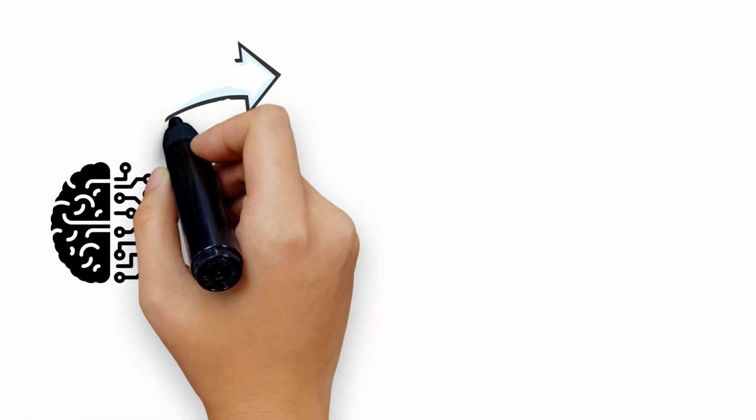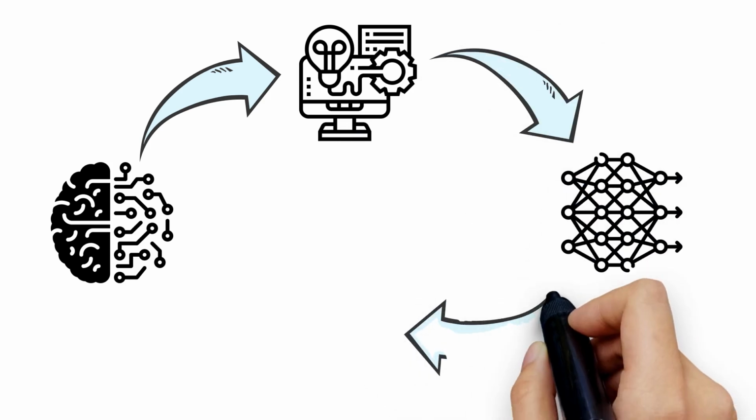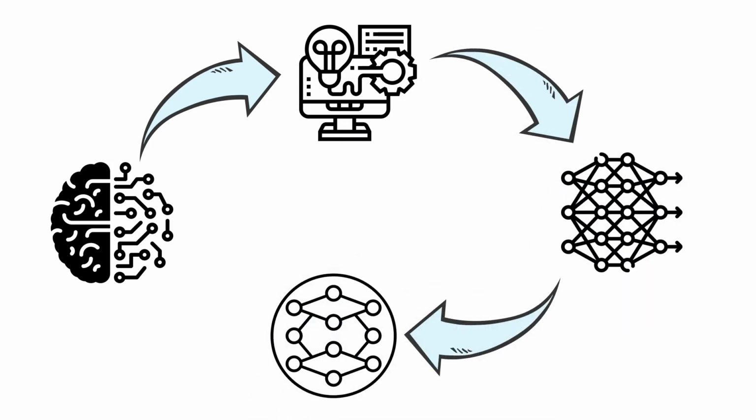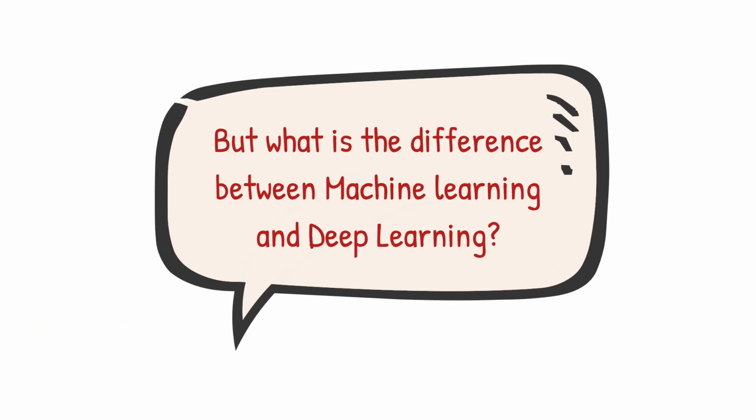Deep learning is a branch of machine learning that is characterized by the use of deep neural networks, which are composed of multiple layers of artificial neurons. The term deep in deep learning refers to the large number of layers in these neural networks. But what is the difference between machine learning and deep learning?